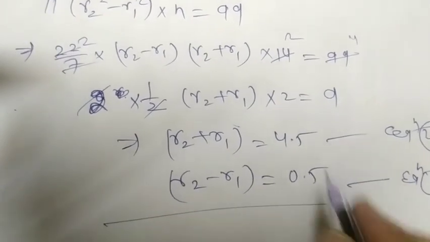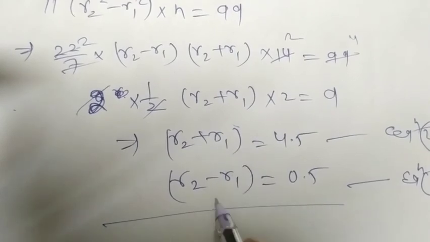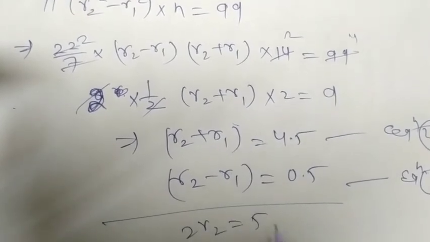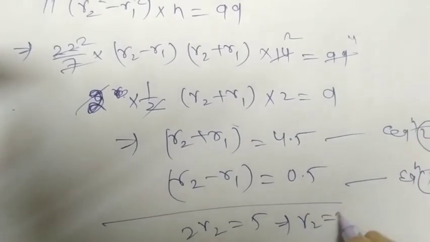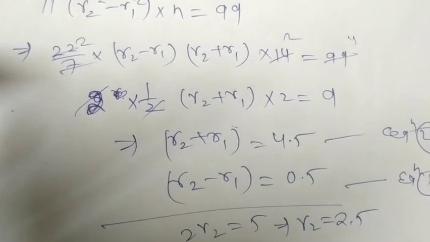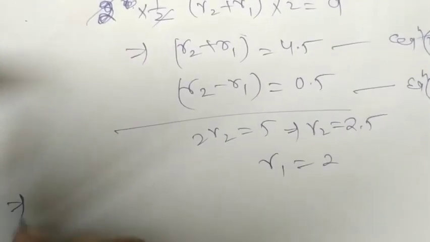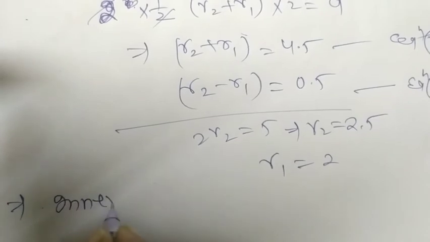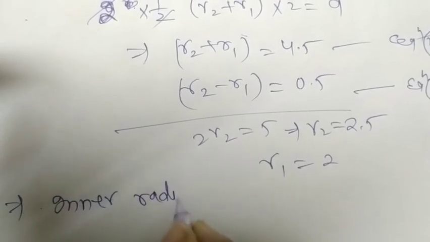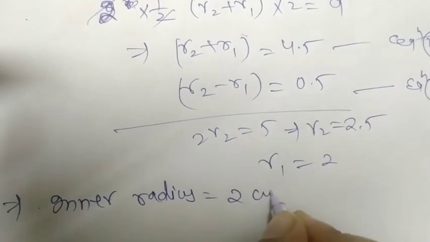Now simplifying both of these equations, by adding both of them, 2 times R2 will be equal to 5, R2 will be equal to 2.5. So R1 will be equal to 2. So the inner radius will be 2 centimeter.